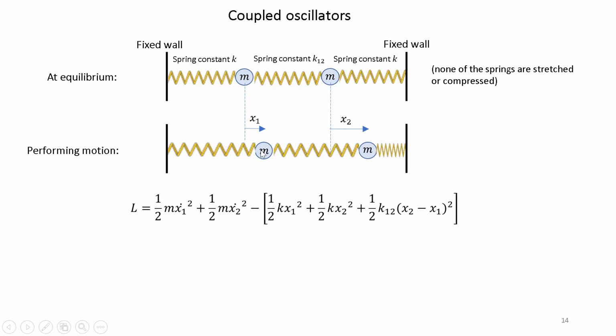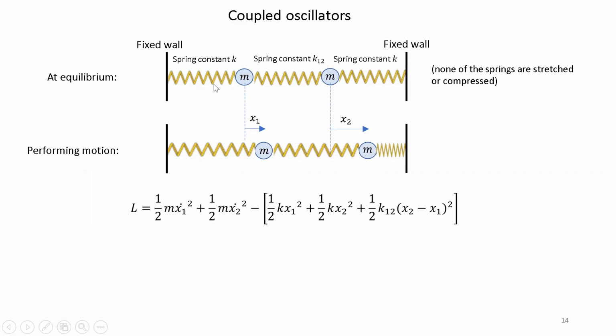If it is more to the right, then the restoring force over here will be more, trying to drag it back to the left. And if it goes more to the right, then this spring will be compressed more, also trying to push it to the left. So you can see that it's a rather complicated problem.